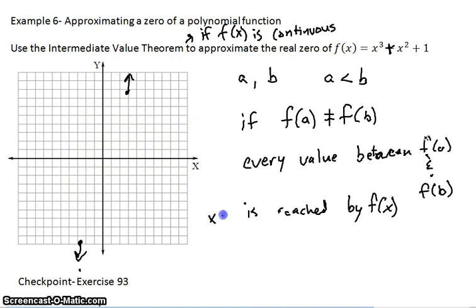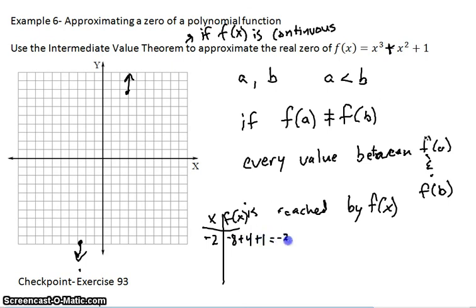And I'm going to plug in some values and figure out where that might be. Because we don't have a real good way to solve something like this. Because it's not a quadratic and it has no factorable parts to it. So what we need to do is plug values in. So if I plug in -2, I'm going to get -8 plus 4 plus 1.